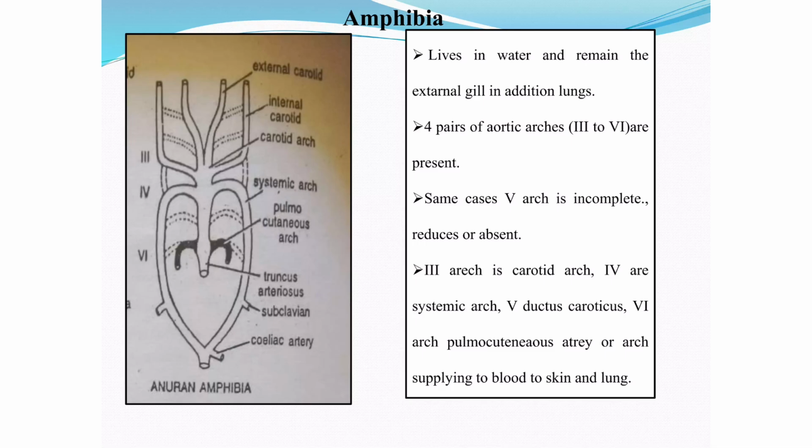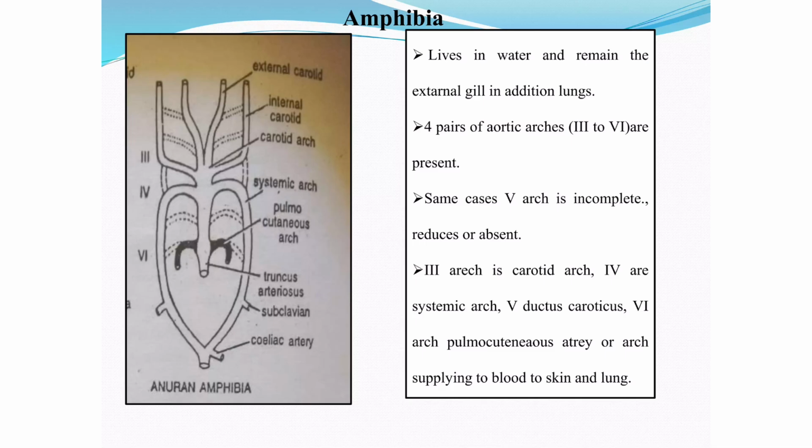Therefore, adult anurans have only 3 functional arches, that are third, fourth, sixth, which are also present in higher vertebrates.